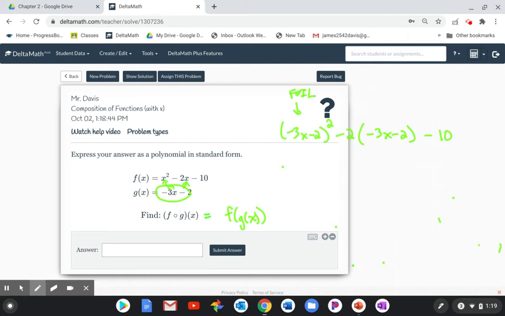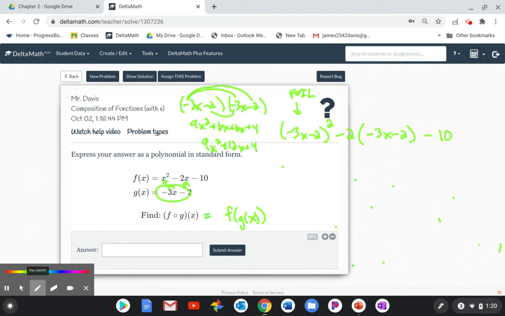You might just choose to do that off to the side. That's what I like to do so it doesn't congest things. So we write it twice and FOIL it. So we get 9x squared plus 6x plus 6x plus 4. And so that gives us 9x squared plus 12x plus 4.